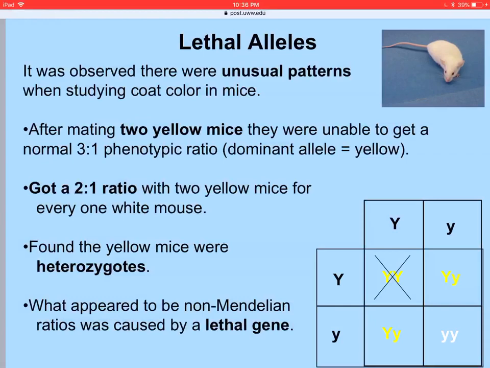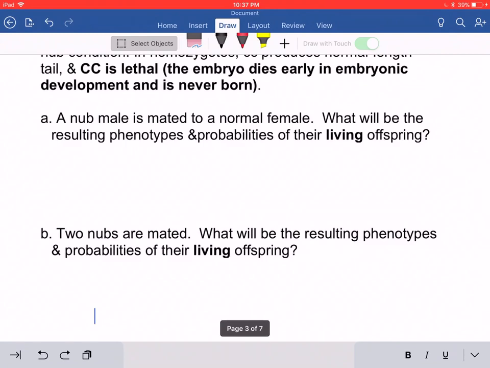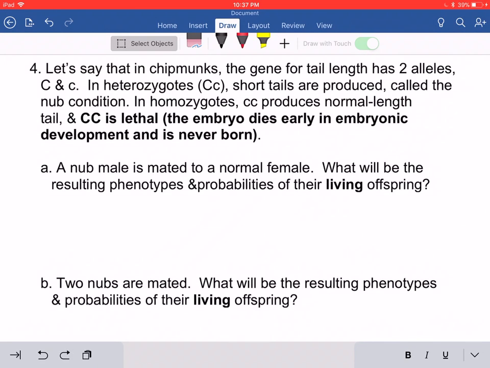Let's take a look at a real problem that you have in your problem set. So we've got, let's say that in chipmunks, the gene for tail length has 2 alleles, big C, little c. In heterozygotes, big C, little c, short tails are produced.